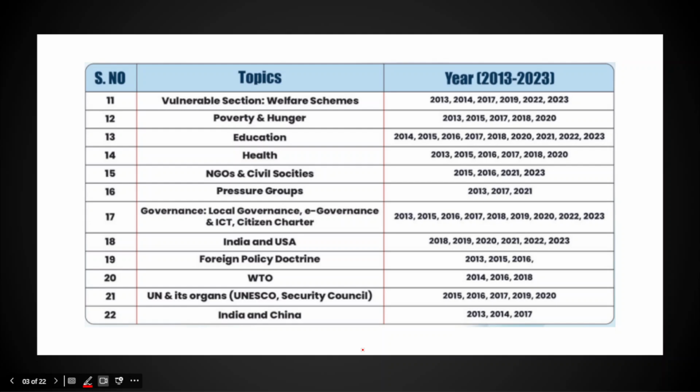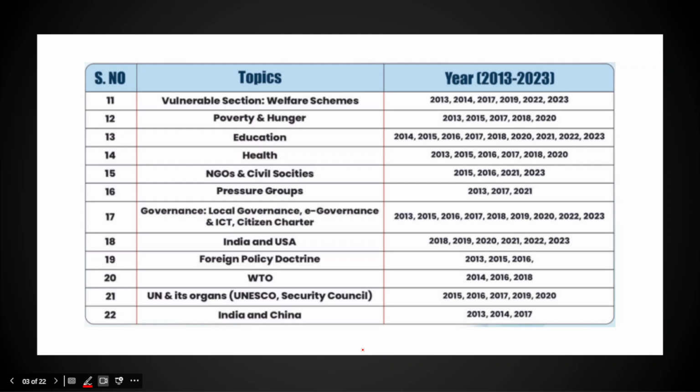And apart from that, governance and social justice also, international relations also, a number of questions are asked. And one very important topic is education, healthcare, poverty, hunger, vulnerable sections and welfare schemes that are launched by the government for the benefit of vulnerable sections, non-governmental organizations, civil societies, pressure groups, e-governance and the role of civil services in a democratic country like India, and India's relations with other countries.